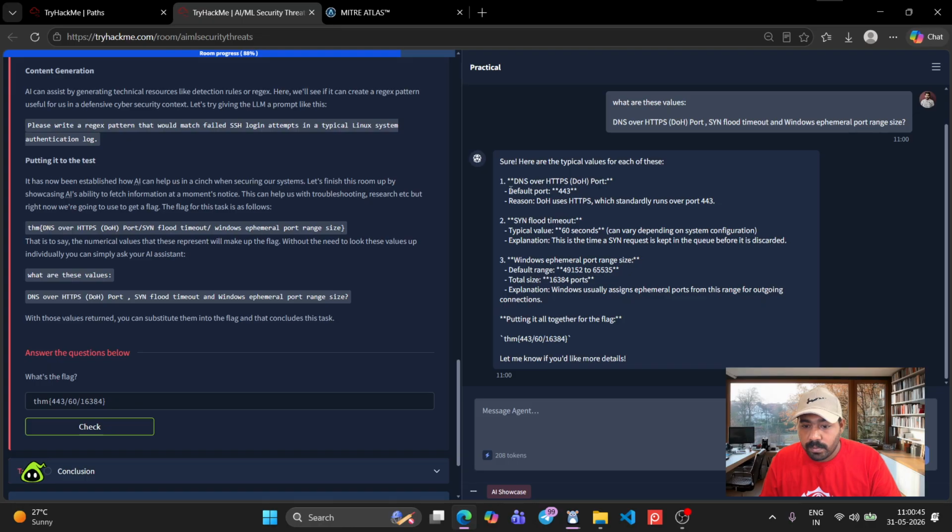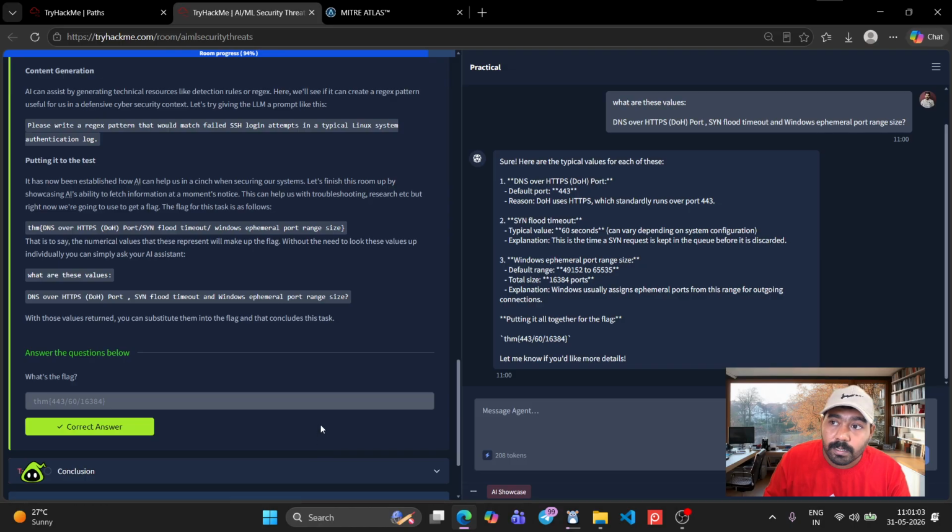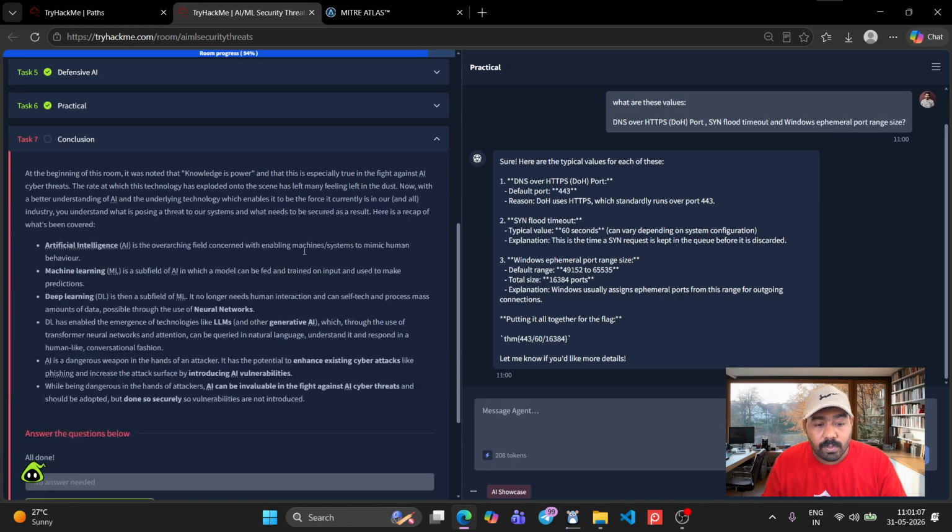It mentioned 443. It is giving the actual exact output of what happens in the backend. So we got the flag. This shows how AI can help us with the day-to-day tasks that we can assign to it.